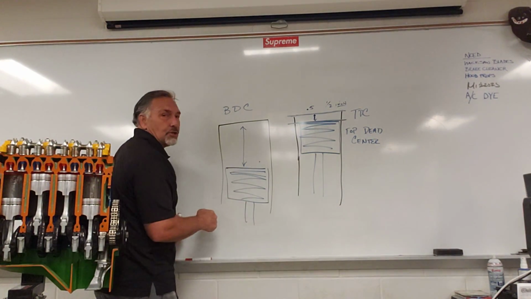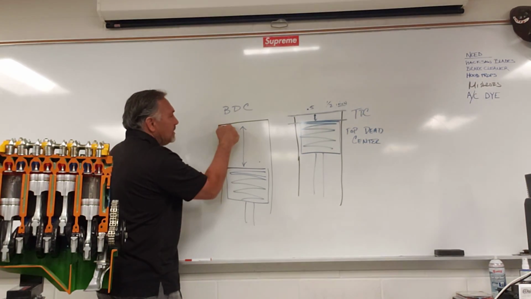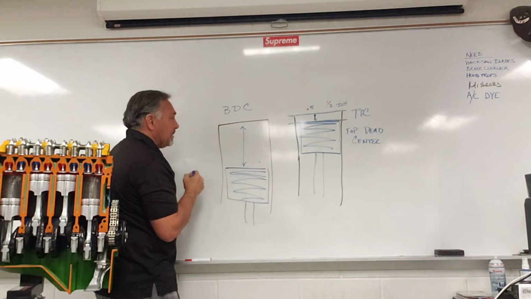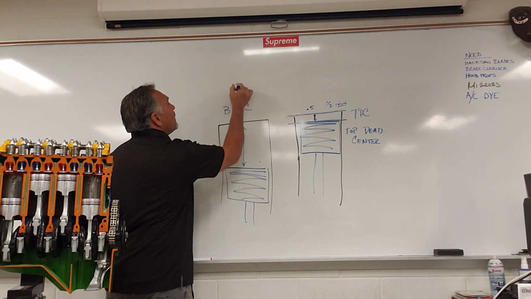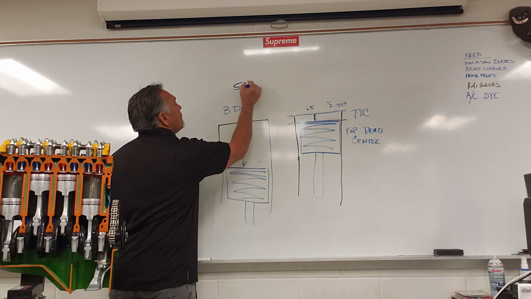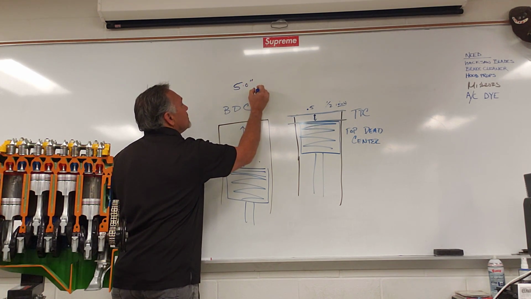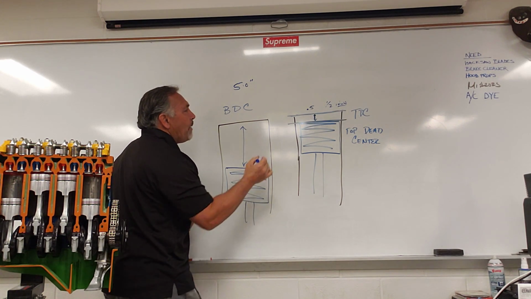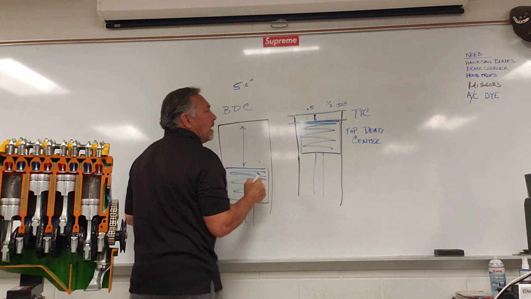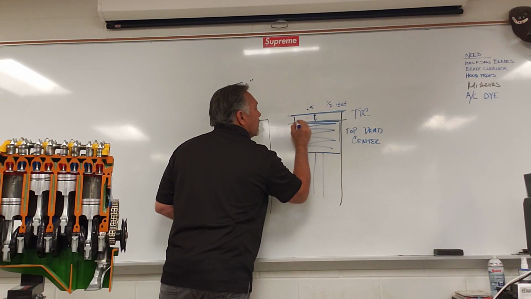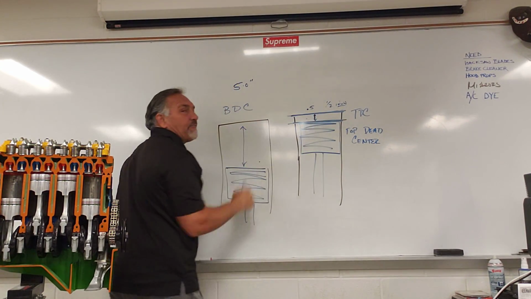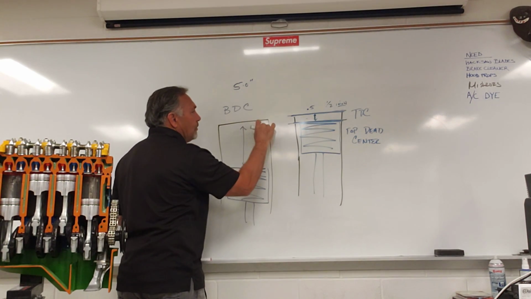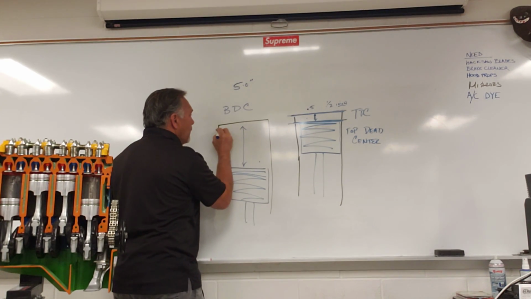Now we're going to measure the space from the piston to the top of the cylinder when the piston is at bottom dead center. Let's say that this space now is 5 inches. So now, how many of this space, 1/2 inch, when it's at top dead center, can we fit into 5 inches?